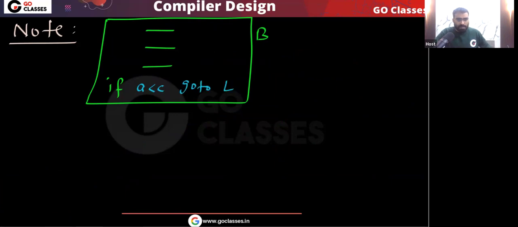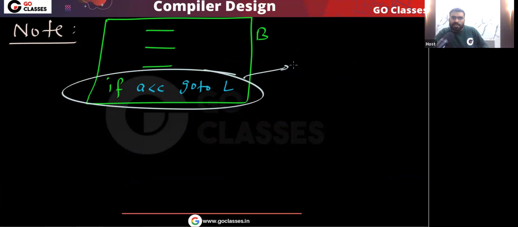What about a conditional jump? Let's assume this is your basic block, and there is a conditional jump with some condition: if A is less than C, go to L. You will check the condition and then you will jump.